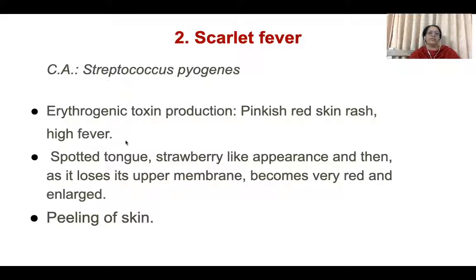Not only skin but tongue also affected, and here spotted tongue, which is strawberry-like in appearance, which loses its upper membrane in the later stages where there is a oozing of a blood, so it becomes very red and enlarged. One more symptom because of this erythrogenic toxin is peeling of skin.